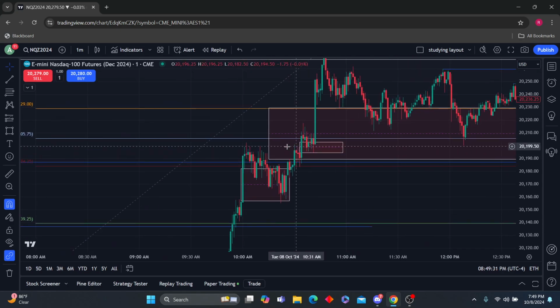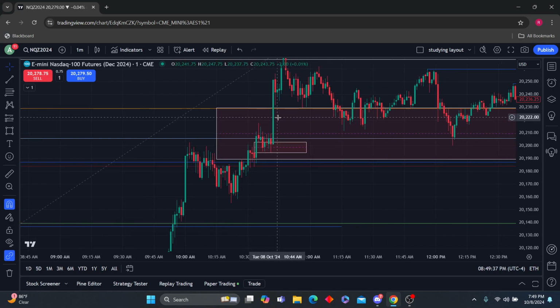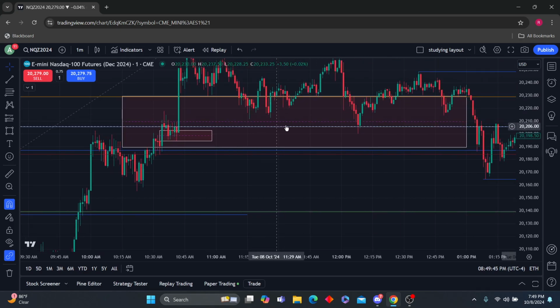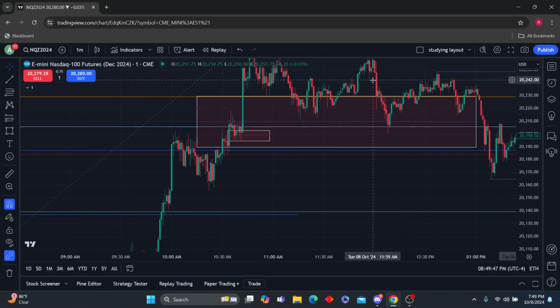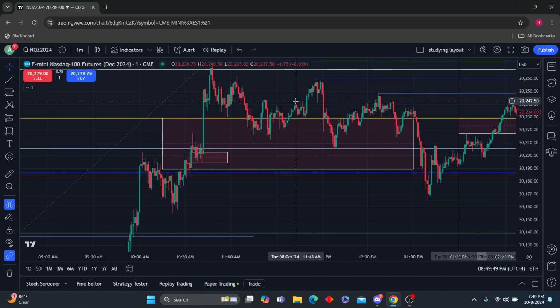Now this is the 15-minute fair value gap that I was telling about that it made. I wouldn't have known it was a fair value gap, but it does create this right here. Boom. See how price trades back into it. Trades into it.